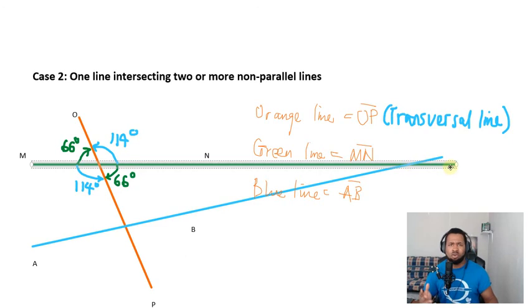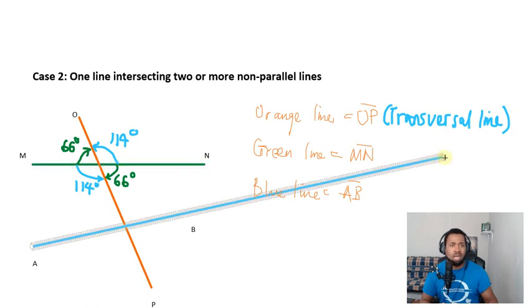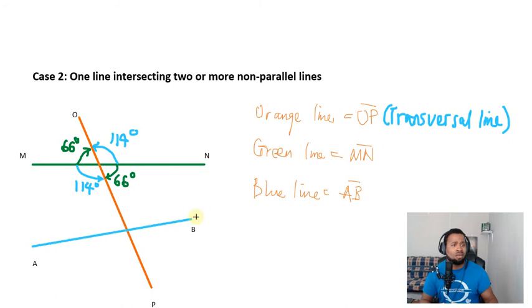But you might be asking yourself, what if you're not given this particular clue right away? How are we going to know that these two lines are actually not parallel? Another way to check is by comparing the angles based on where the one line intersects the two lines. So we have the OP line, which intersects the two lines.